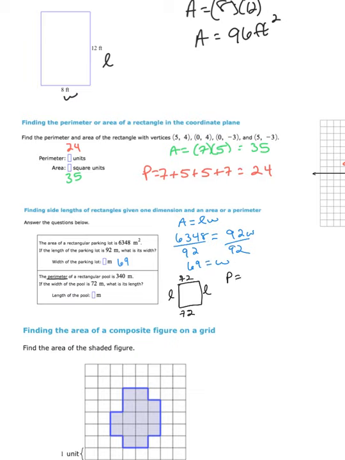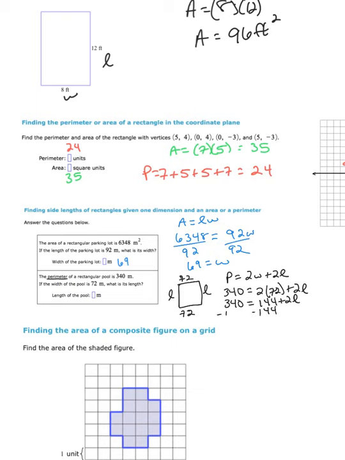Perimeter equals 2 times the width plus 2 times the length. Okay, width plus width, length plus length. I didn't write the formula earlier. Let's plug in what we know. 340 equals 2 times 72 plus 2L. 340 equals 144 plus 2L.